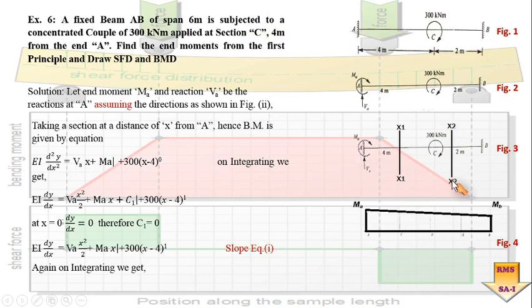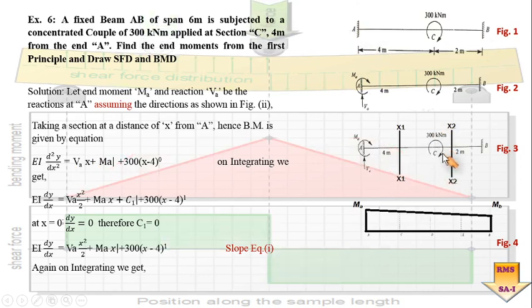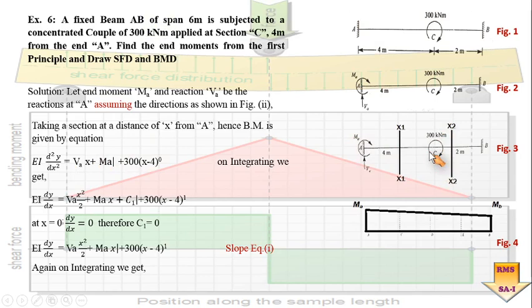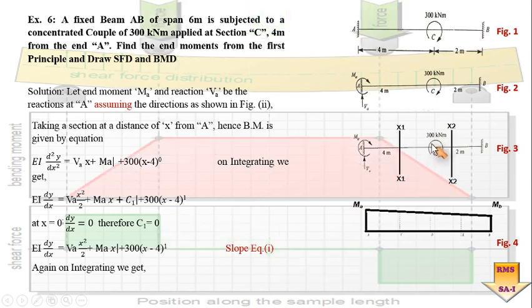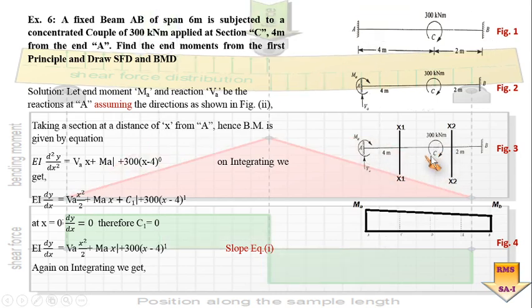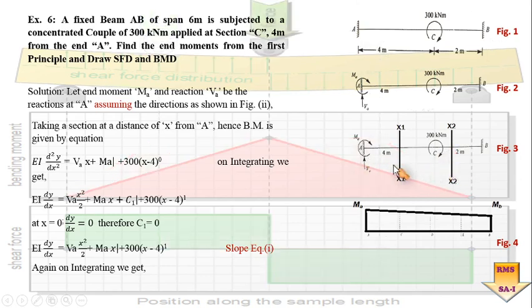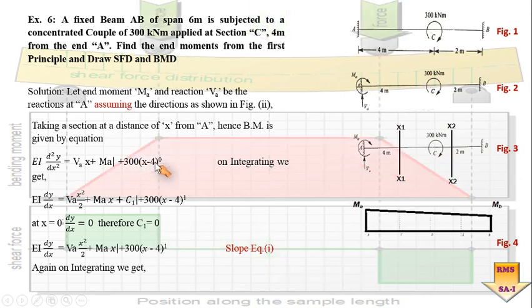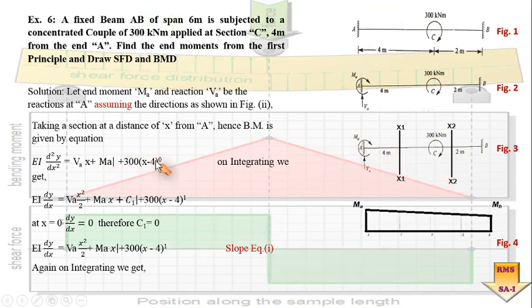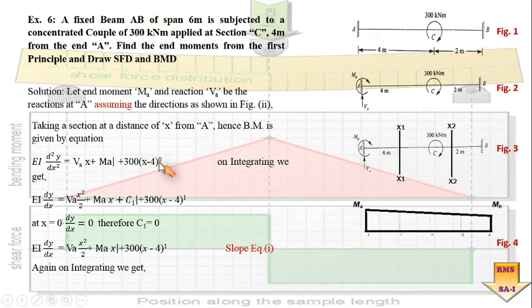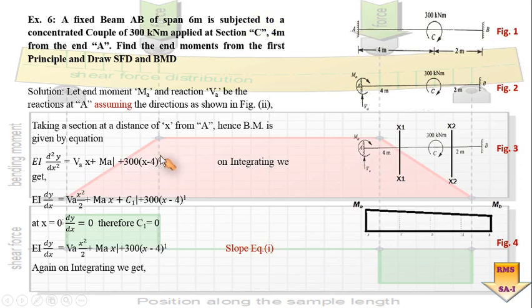Whereas in the second section one more term is going to occur, that is a couple. So in this case we are going to take a moment of a couple. So how do we have to take a moment of a couple? The magnitude of the couple is equal to 300, and the perpendicular distance is x minus 4. So this total is x minus 4 to the power 0, and anything at a power of 0 is equal to 1.